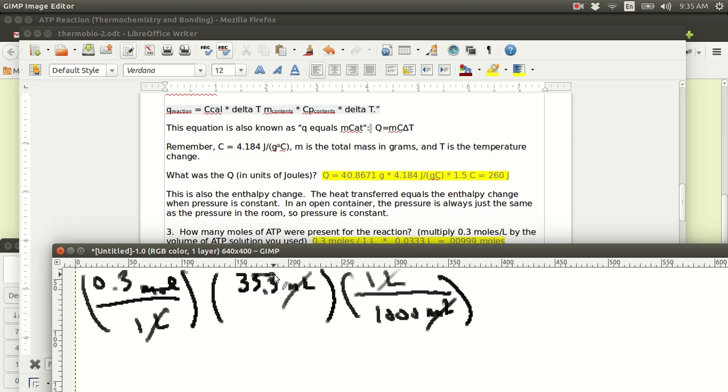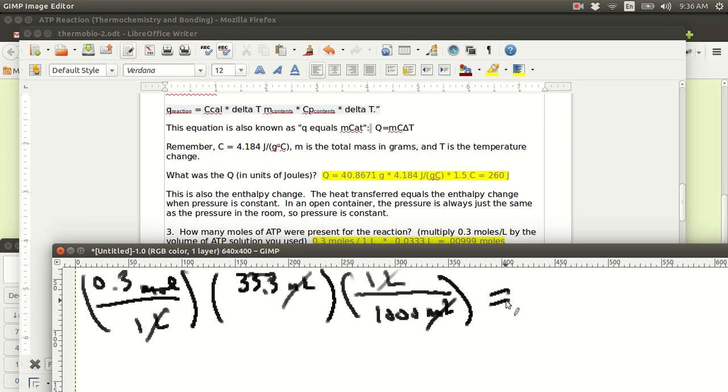Notice that there's nothing underneath the 33.3 milliliters because that's just a piece of data from my own experiment. It is not a conversion factor or some measurement like moles per liter, with 2 different units. It's just a single piece of data.